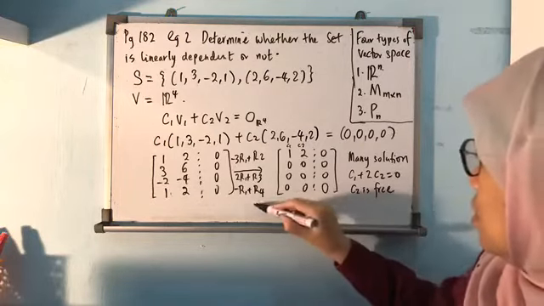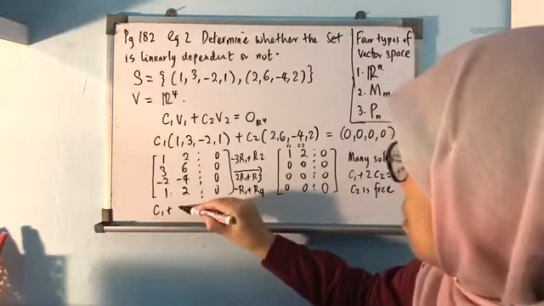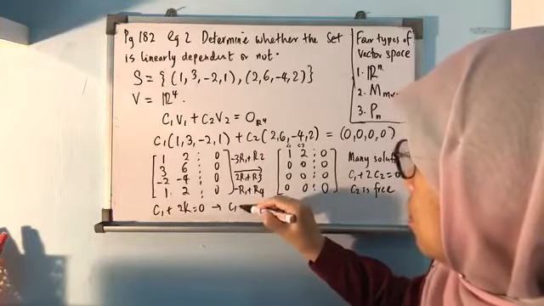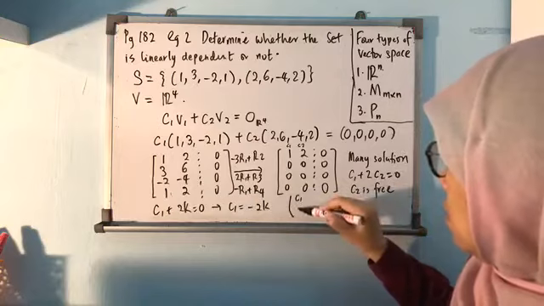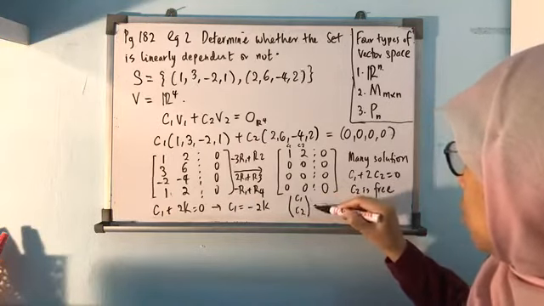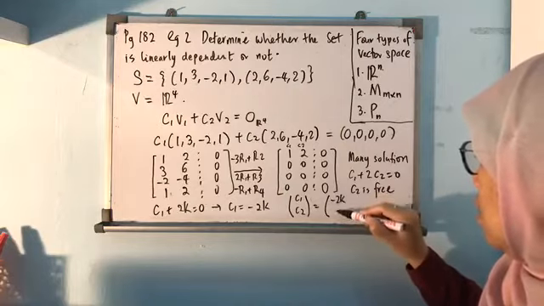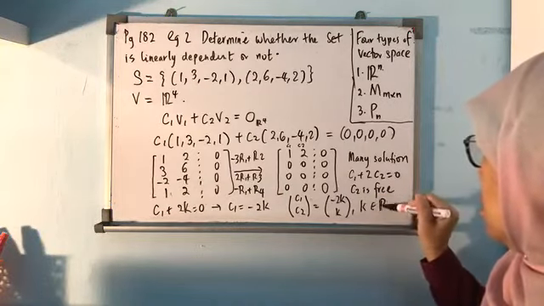So C1 plus 2K is 0. C1 is negative 2K. From chapter 2, you will write this as negative 2K, K, right? K is in R.